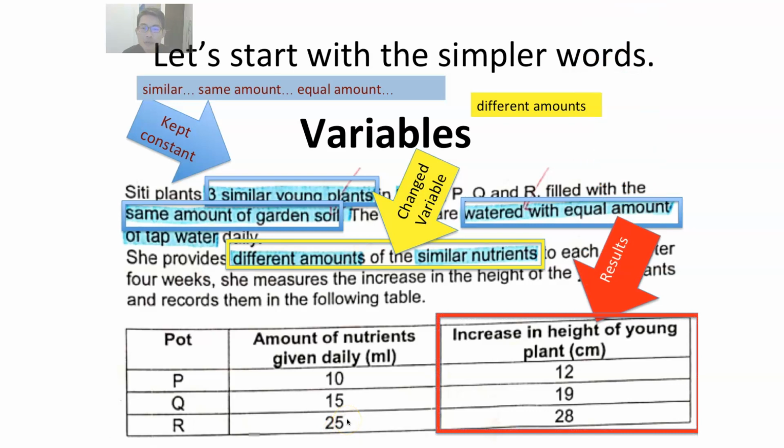And what can we tell from this? This is the result that Siti wants to measure. She wants to find out if, when she changes the amount of nutrients, it will cause an increase in the height of the plant, and how much increase that would be.